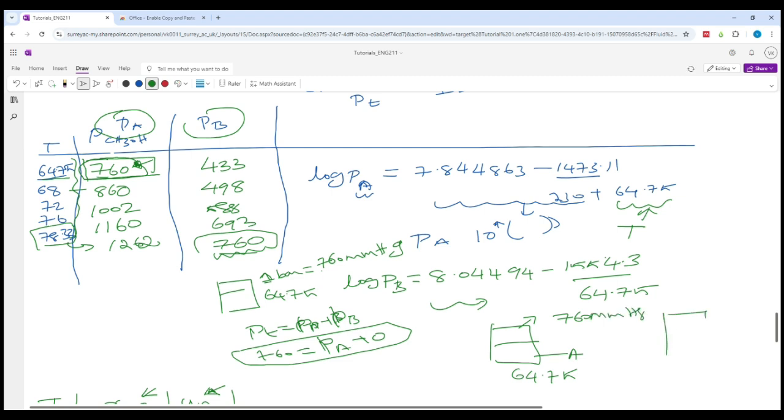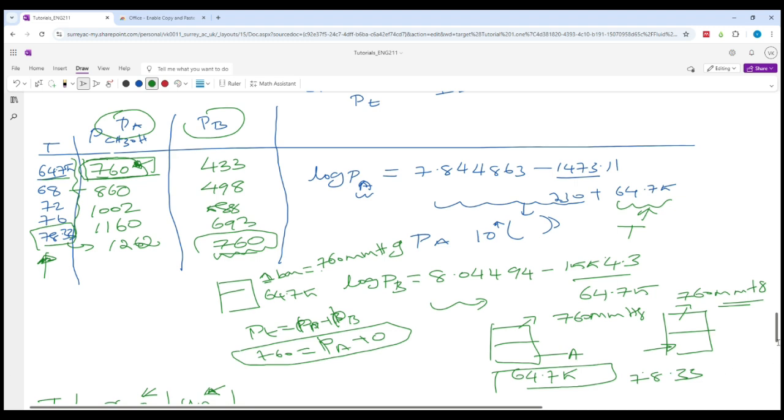If you take a system that contains only component B, you have to raise the solution to a temperature of 78.33, which is here in the table, in order to get the same vapor pressure of 760 millimeters of mercury. So component A exhibits more vapor pressure at a given temperature, which obviously means component A is the more volatile component.